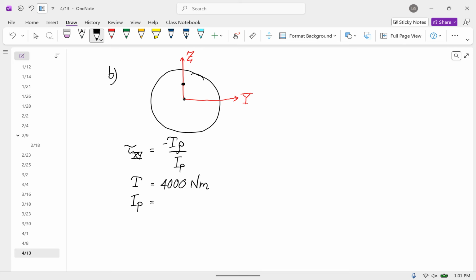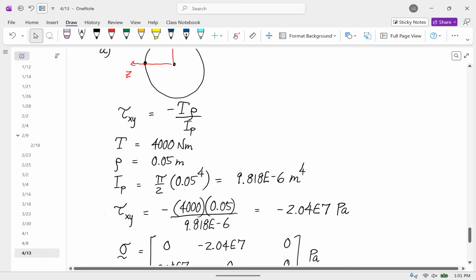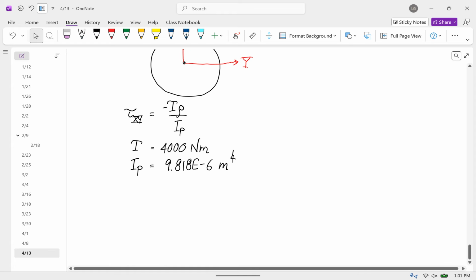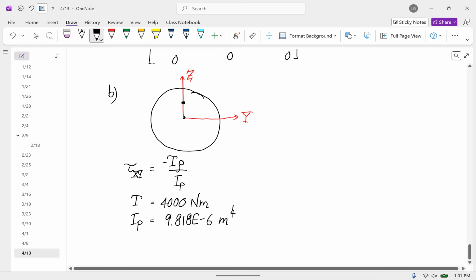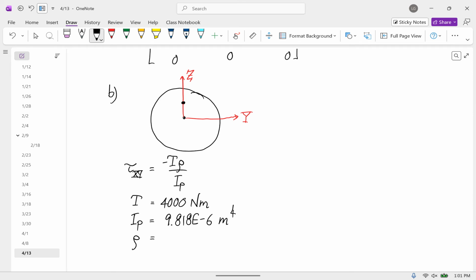So that's the same as it was before, 9.818 times 10 to the minus 6 meters to the fourth. And this time, what's our rho? Yeah. So the whole radius is 0.05. This is half of that, so 0.025.